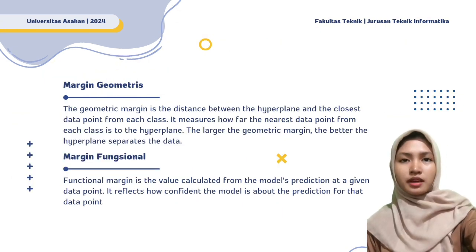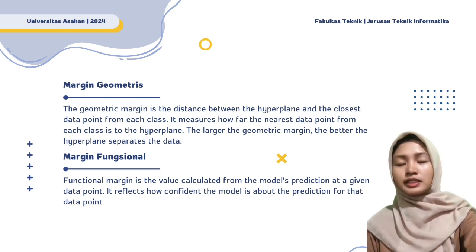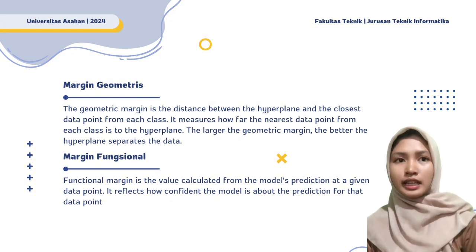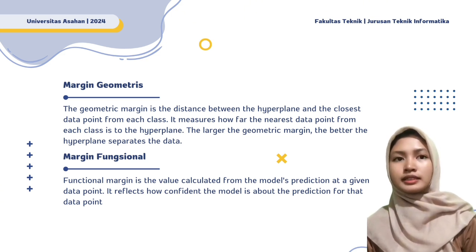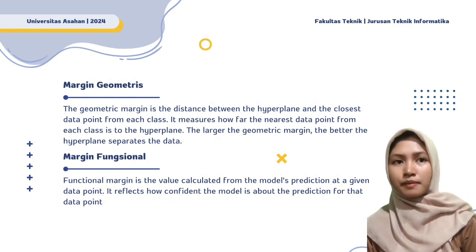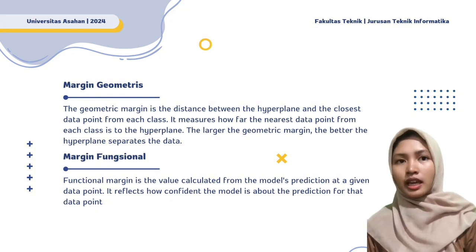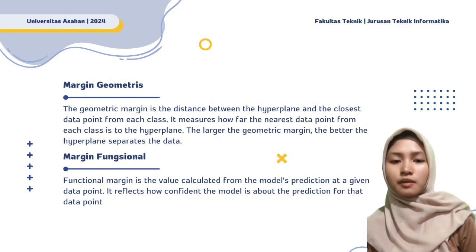In the SVM optimization formulation, there are geometric margins and functional margins. First, the geometric margin. The geometric margin is the distance between the hyperplane and the closest data point from a class. It measures how far the nearest data point from its class is to the hyperplane.